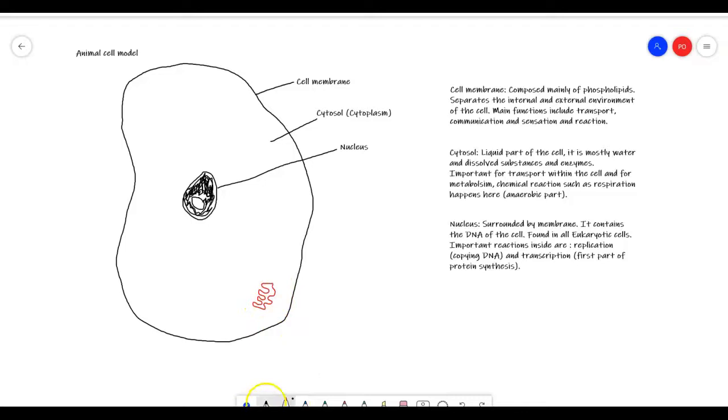It has one inner that is heavily folded like that, and an outer one going around it. Like that. And of course you have many of these inside one cell, so we're going to draw two to symbolize many. Remember that these are only models of cells, not actual cells.